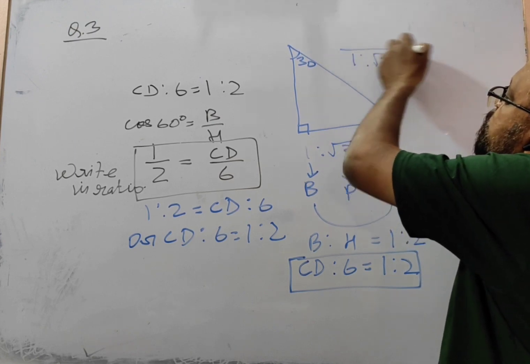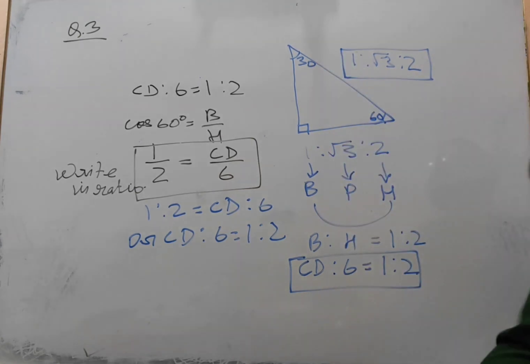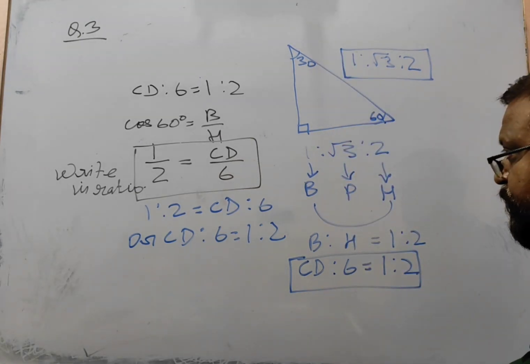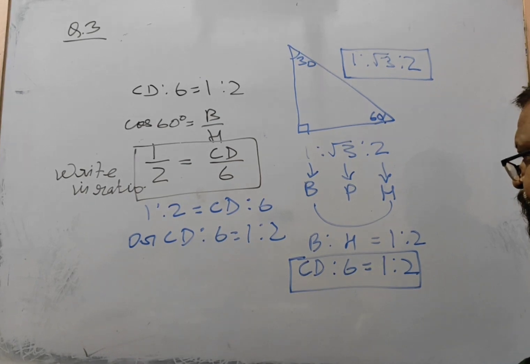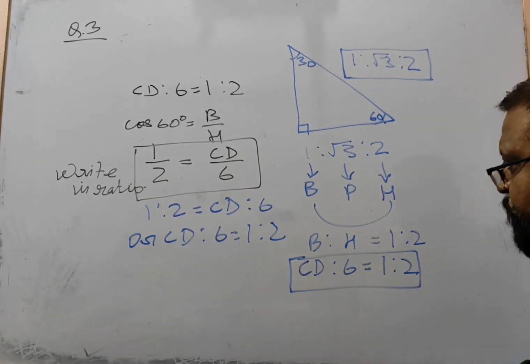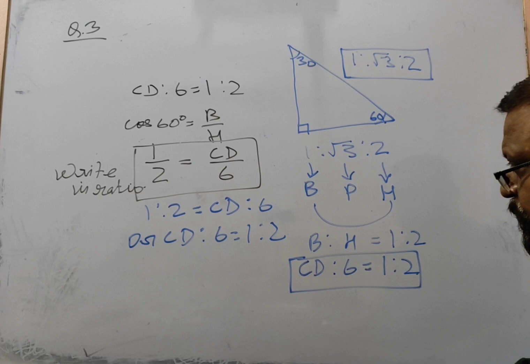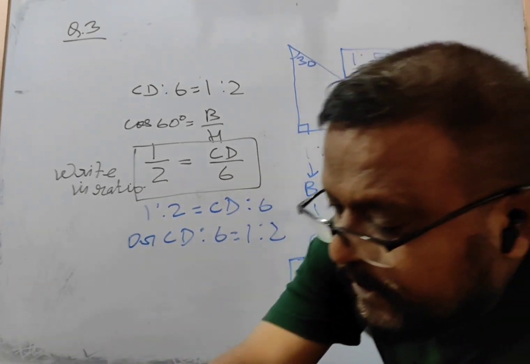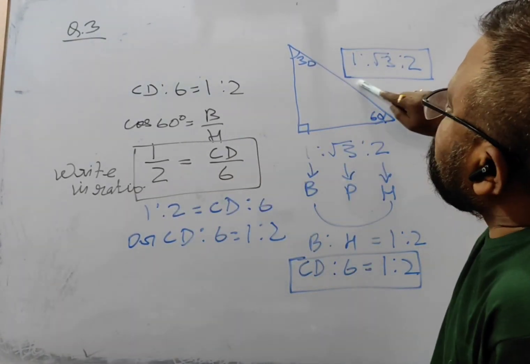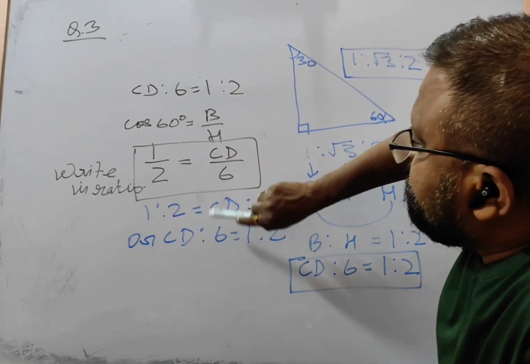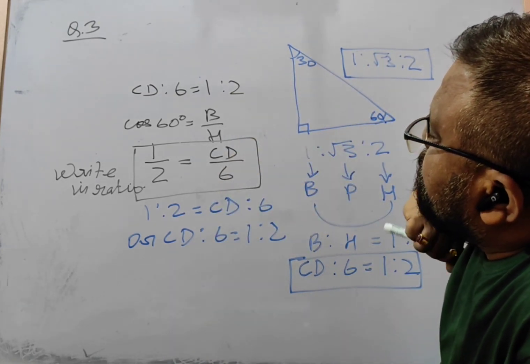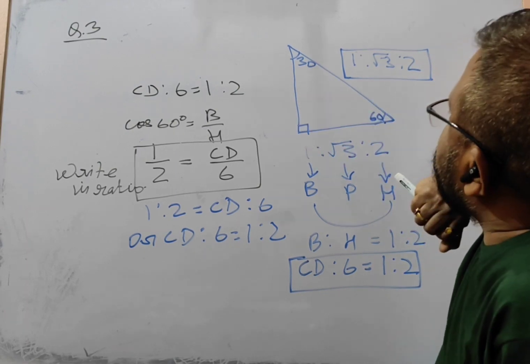You can see it written on the top of your book. 6 is given there, it's the hypotenuse. That's why it is 6. This 6 comes from the hypotenuse.